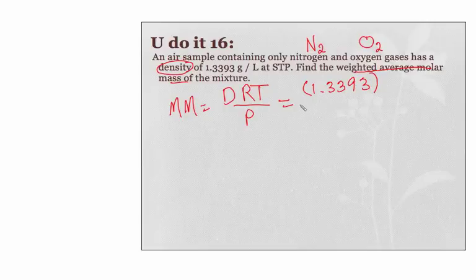Well, I don't have a pressure, I don't have a temperature, but what it does give me is the information that I'm at STP. And remember, if you are at STP, that means pressure, I'd use 1 atmosphere. It'll simplify your math quite a bit. And that means your temperature, pressure is 1 atmosphere, temperature is 273 or 273.15 Kelvin.